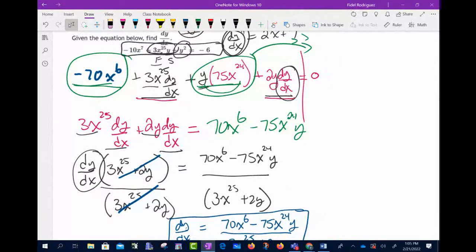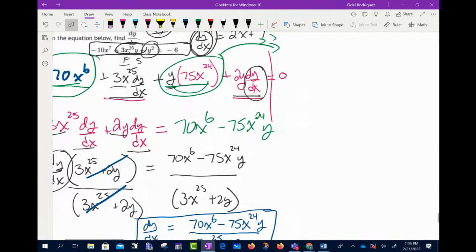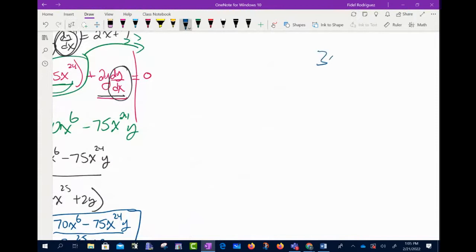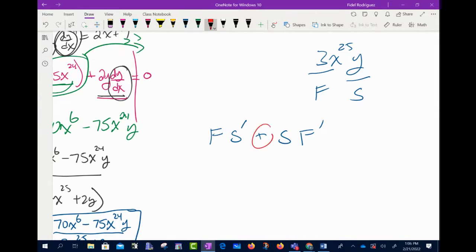3x to the 25th. So think about it this way. I'm going to come back over here so we can do it on the side. We had a 3x to the 25th and a y. Think about this one here as the first, and that one there as the second. The product rule says let's take the first times the derivative of the second, plus the second times the derivative of the first. Now, look at the operation I have in the middle. Addition.